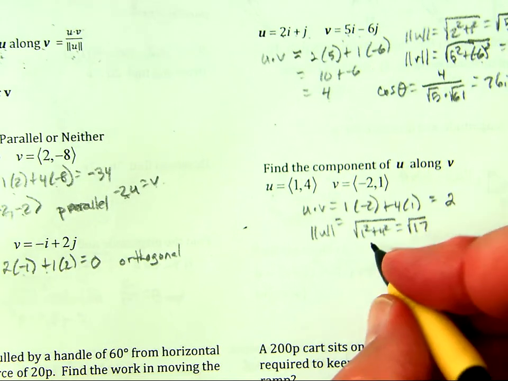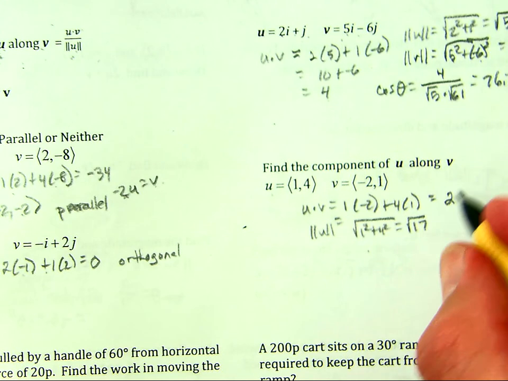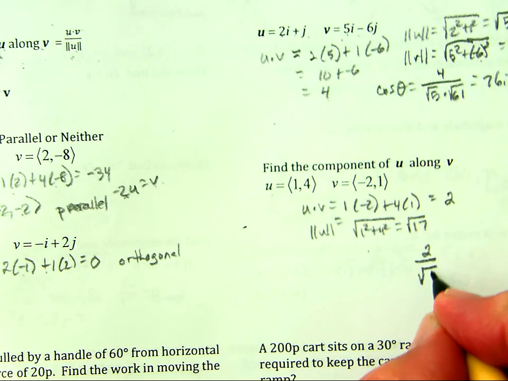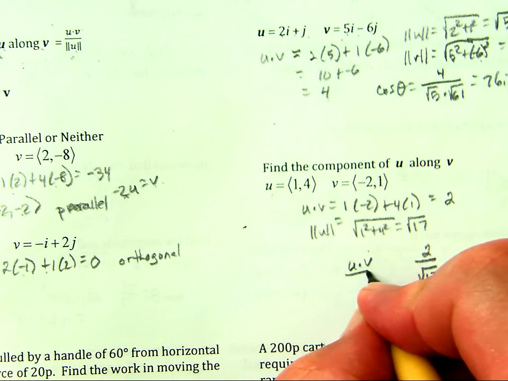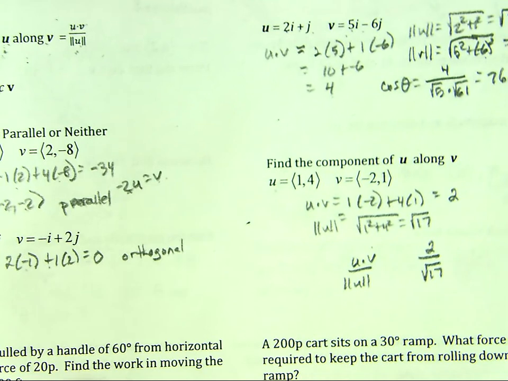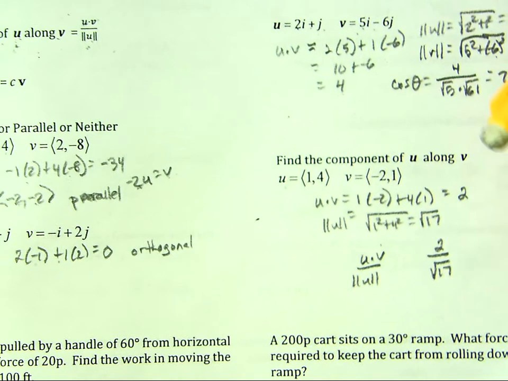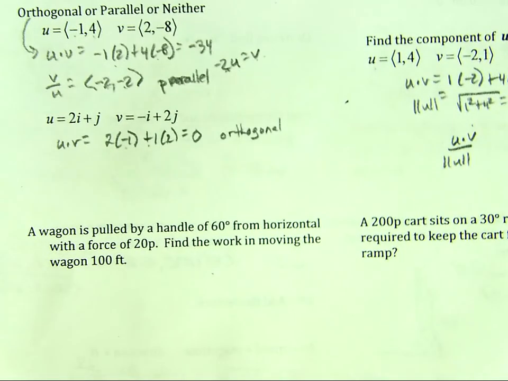So the component of u along v is 2 over the square root of 17, because we just plugged into that formula, u dot v over the magnitude of u. Okay? It's a very technical thing. If you were using that in a physics problem, they would go through exactly what that means.